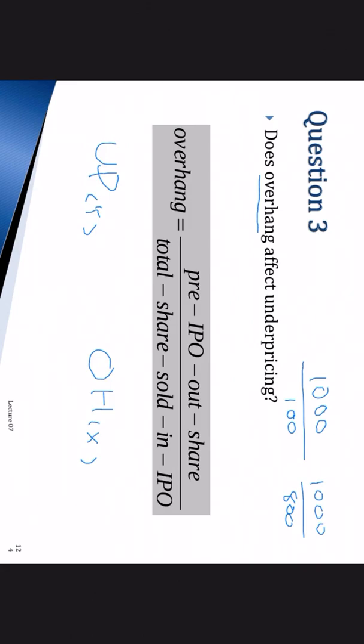So how to understand this? If you look at the first situation, you have 1,000 shares outstanding. During the IPO, you only sell 100.